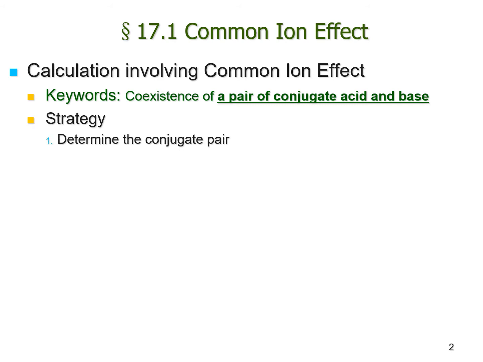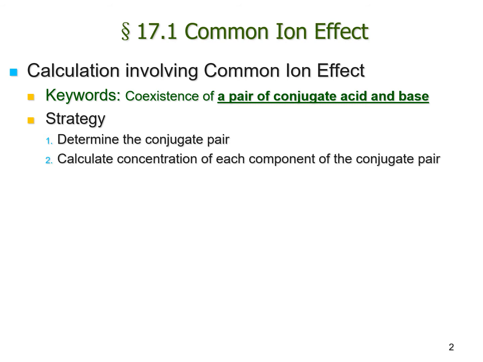As for strategy, first we need to determine and highlight this pair of conjugates, which one is acid, which one is a base. And if concentrations of these conjugates are not given, say it only provides grams or moles or something, we need to get them converted into concentration.